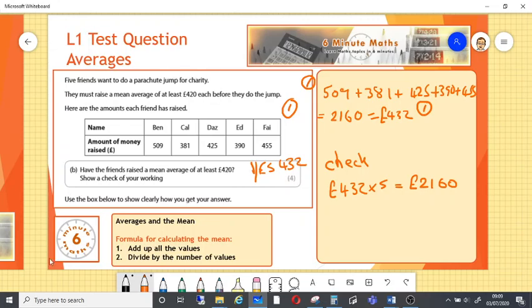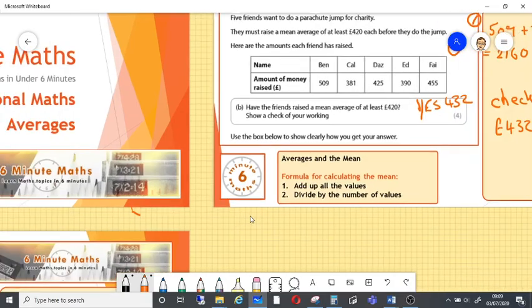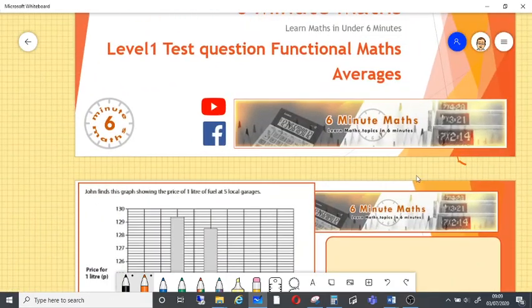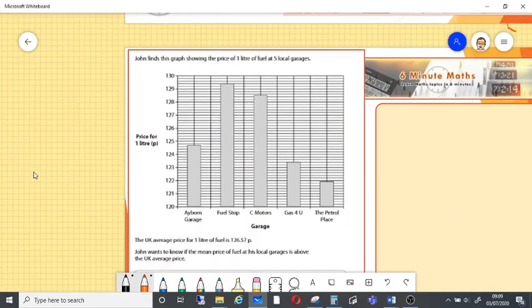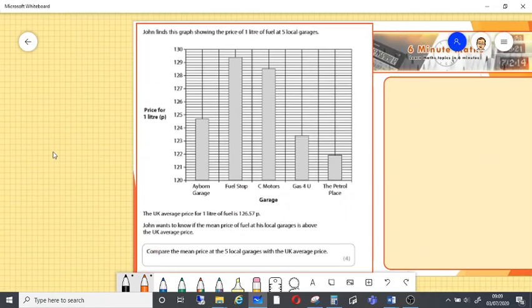Okay, so that's the first example. Now the second example is a little bit trickier, and it's one that I found which I thought I should bring to your attention. I'm going to zoom in a little bit, and the quality of the question is a little bit grainy, I do apologise. It says John finds this graph showing the price of 1 litre of fuel at 5 local garages, with the price per litre and the garage name at the bottom.